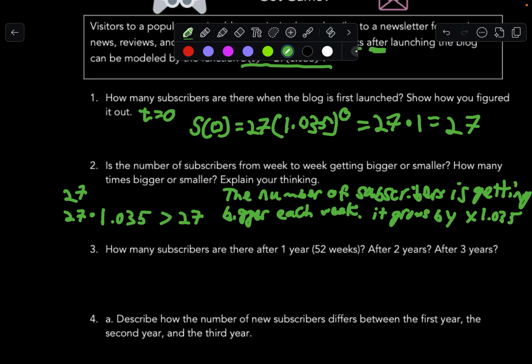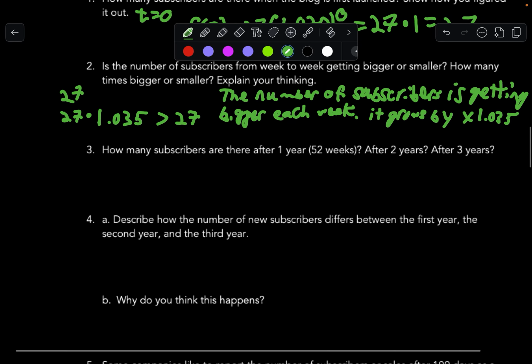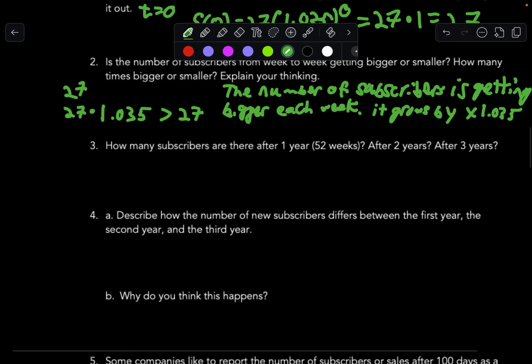So we're multiplying by a number larger than 1, and thus the number of subscribers is bigger. Okay, it's growing. It's not growing a lot because it's marginally over 1, right? Because it's 0.035, but it is getting bigger.